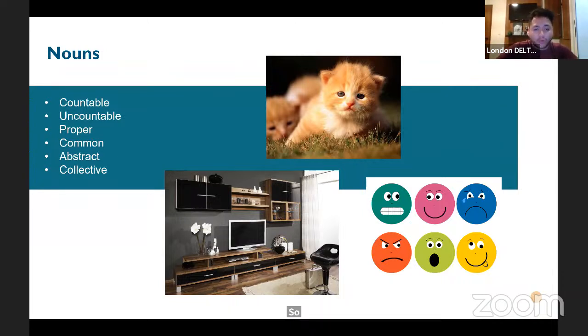Y estos son un tipo de sustantivos, but we also have objects that they can also behave like objects. That means that they receive the effect of the action. Okay, so for example, if I say, Daniel studies science.